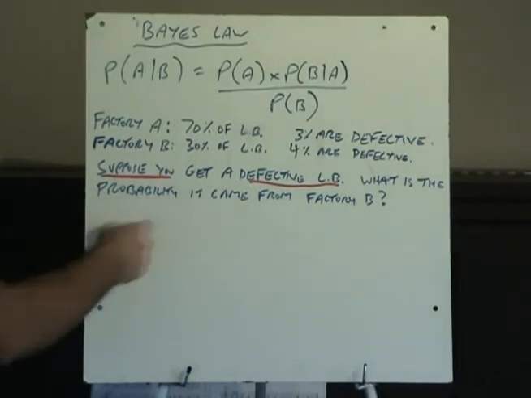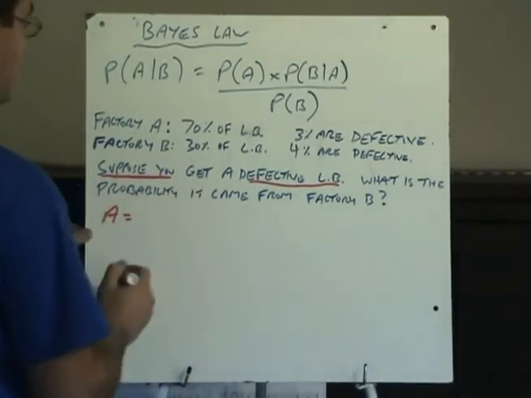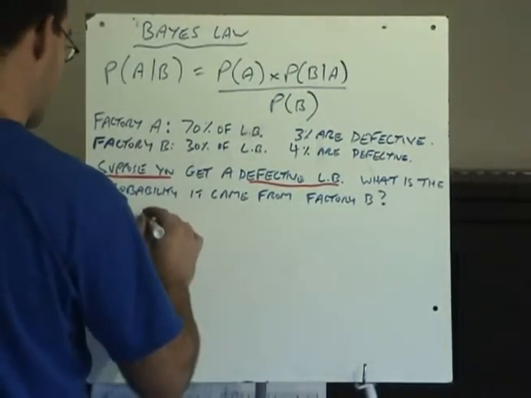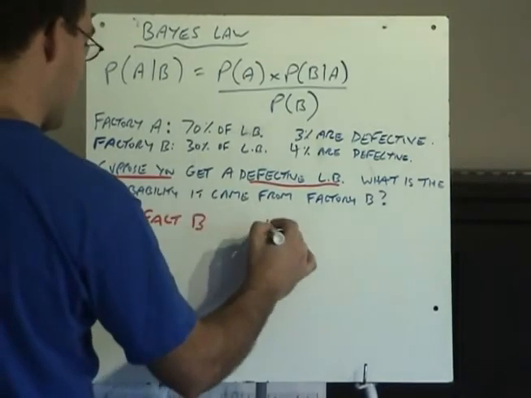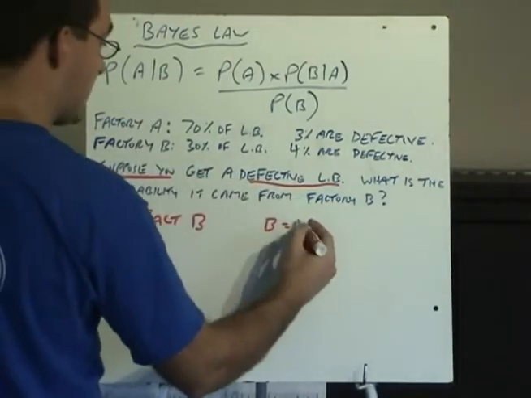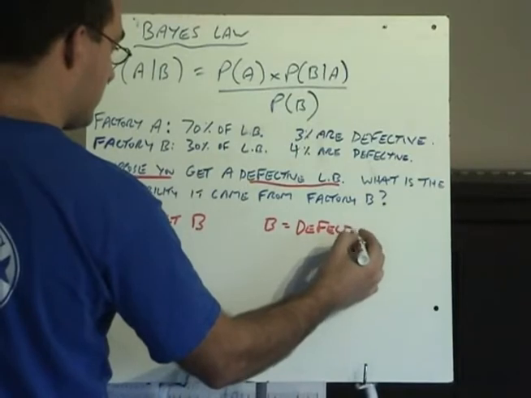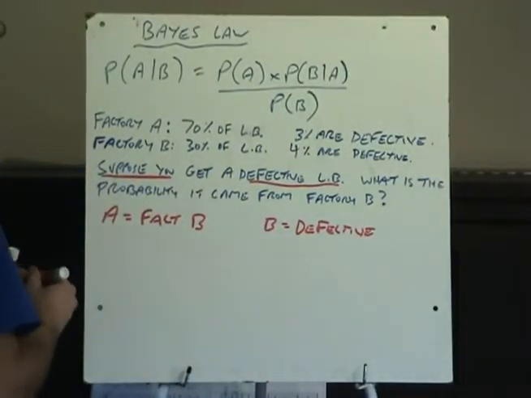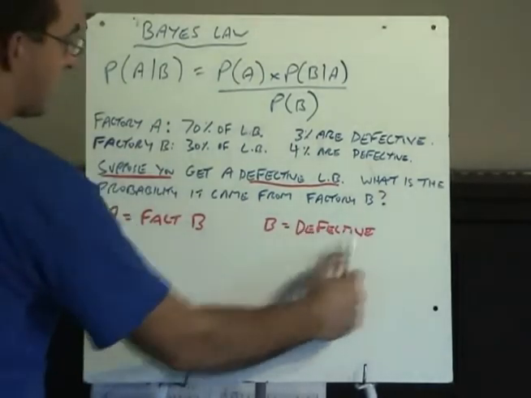Now, what's the probability it came from factory B? So I'd encourage you to write down what events A and B represent. Event A is going to be factory B. And then given the event B is that it's defective. So this question is asking, what's the probability it came from factory B given that this light bulb is defective?